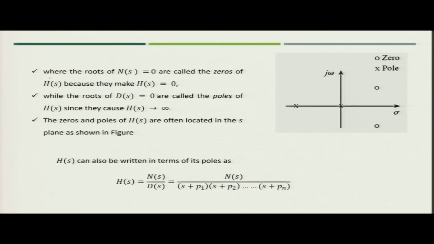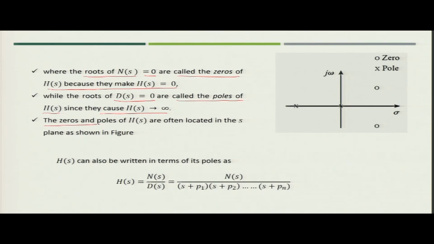First, the roots of N(s) equal to 0 are called zeros, because they make H(s) equal to 0, while the roots of the denominator, if you make the denominator equal to 0, are called poles of H(s), because they cause H to tend to infinity when you put in the values of the poles.